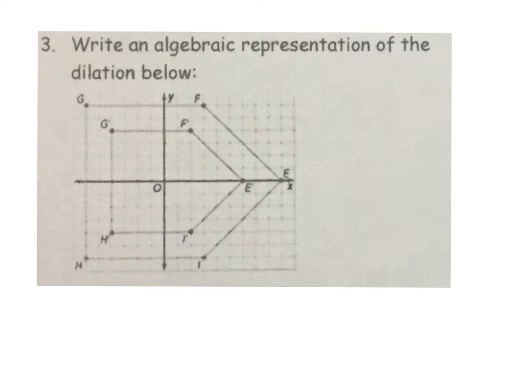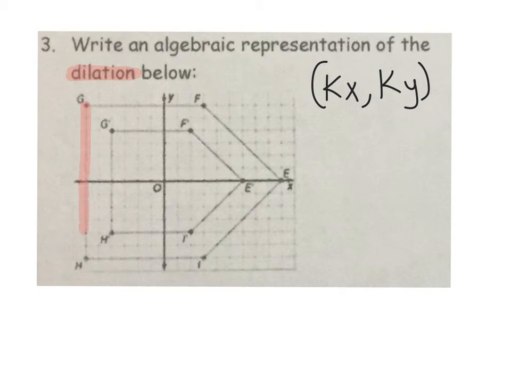Okay, number three says to write an algebraic representation of the dilation shown below. So again, this is a dilation, all right? So you're going to have something like kx, comma, ky. So it's a scale factor that's multiplying this. So in red, I'm going to highlight the original, which is this one here.